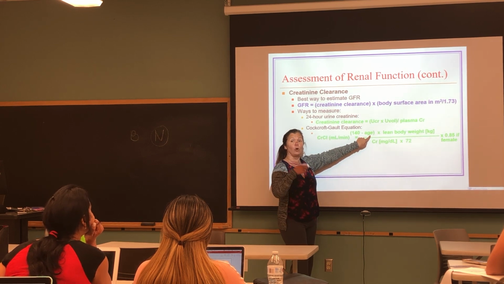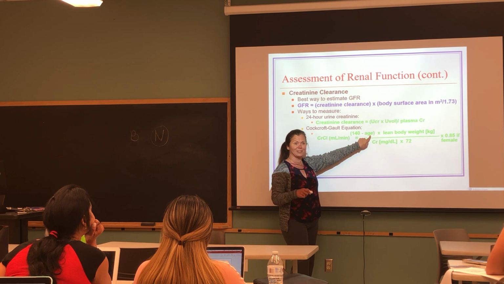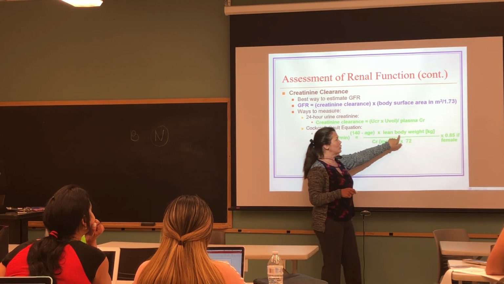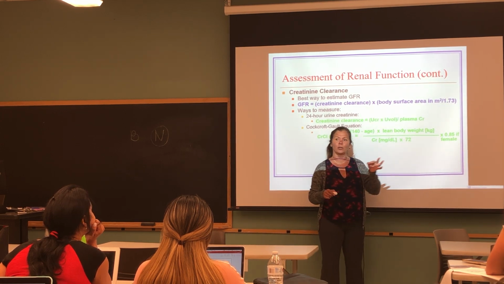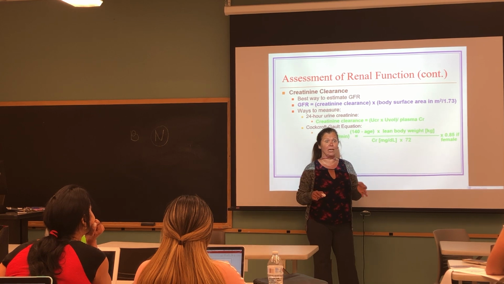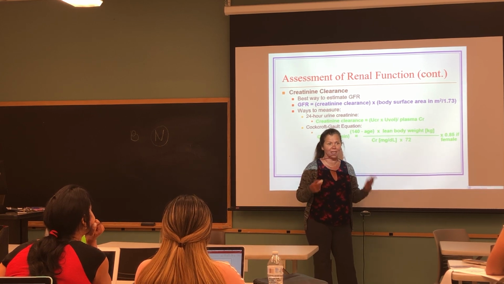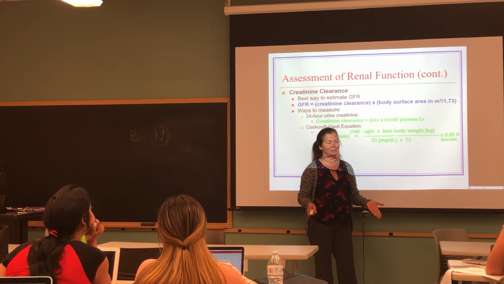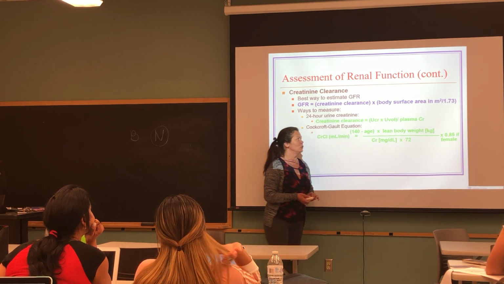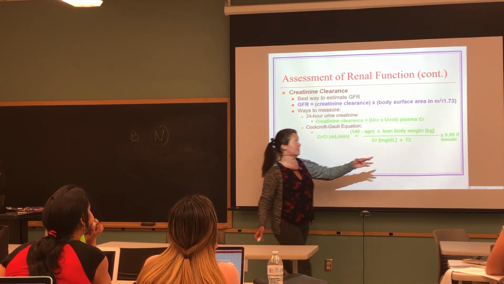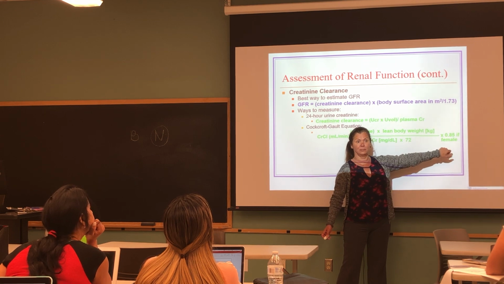Because the older you get, the less muscle mass, right? And also, your ideal body weight is a reliable factor in the formula because, again, muscle mass, okay? And the amount of volume that you do have. And sex, okay?